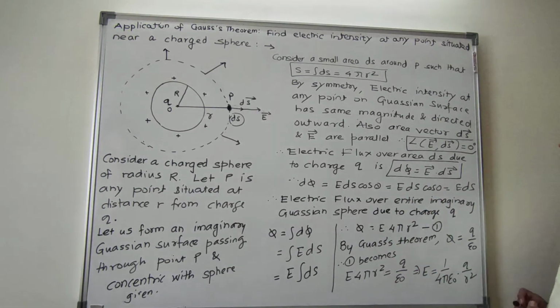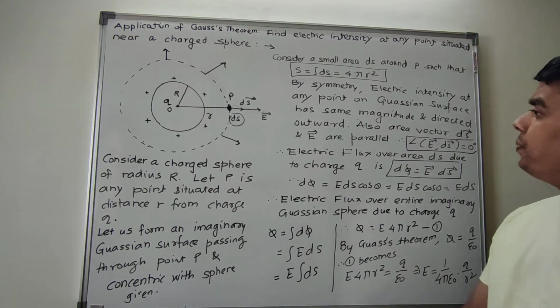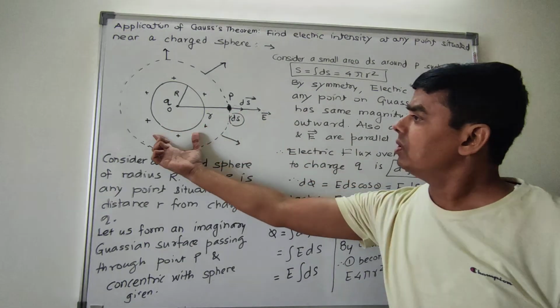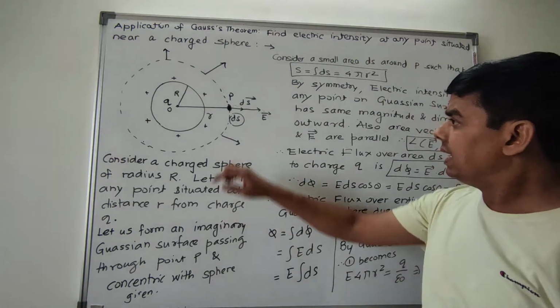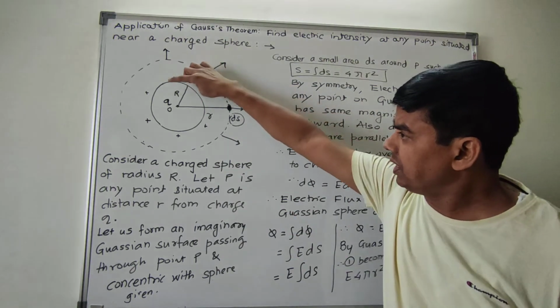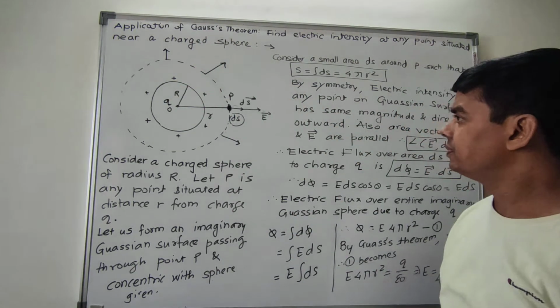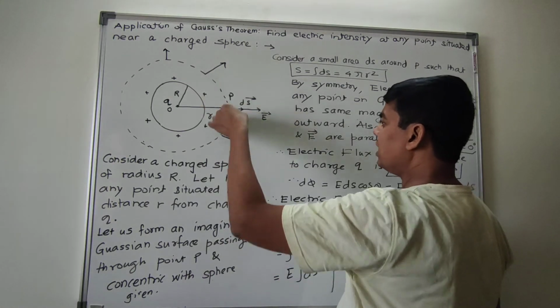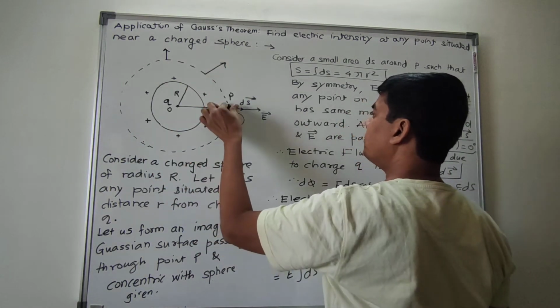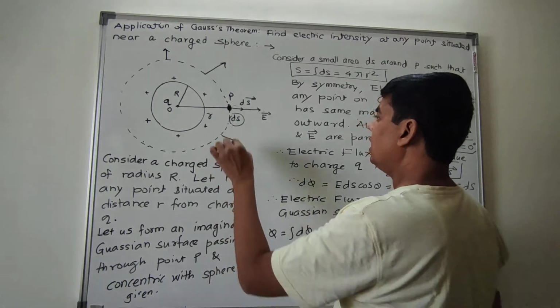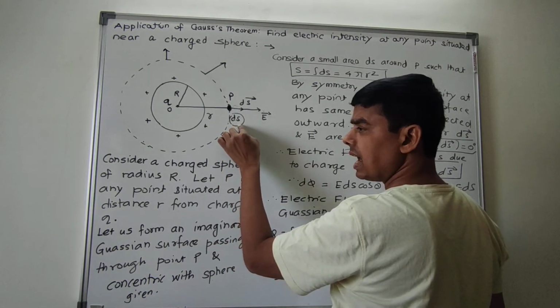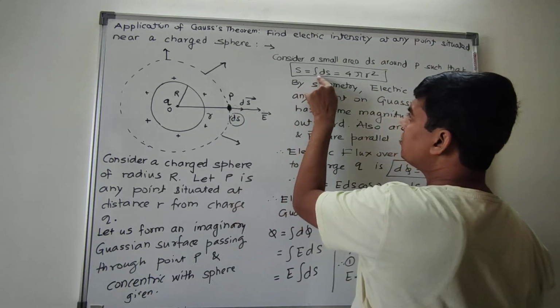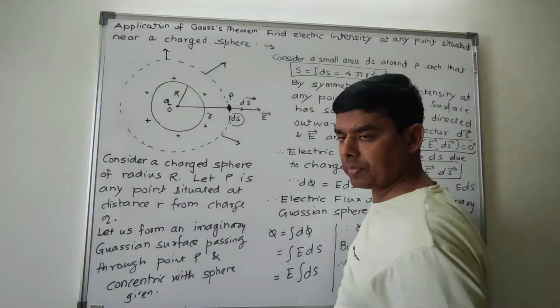So let's look over this derivation again. Suppose that we have a charged sphere having radius R. Let P be any point situated near this charged sphere. Imagine a Gaussian surface passing through point P. Let us have a small area ds at point P such that the integration of ds is the total surface area.